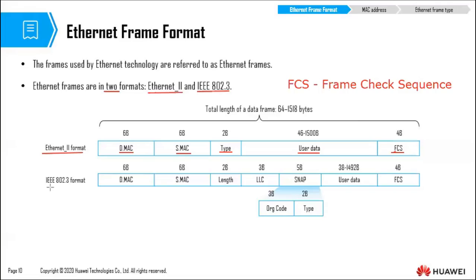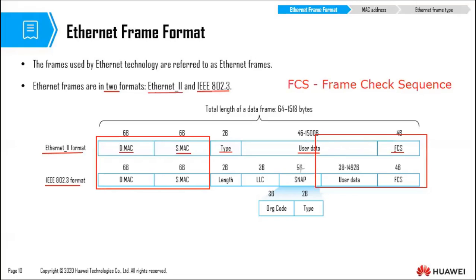Now, the IEEE 802.3 Ethernet frame is quite similar up to here, and also similar here, user data and frame check sequence. But it adds a few other fields, like the length, which specifies the length of the Ethernet data.